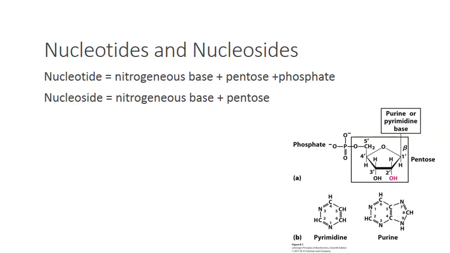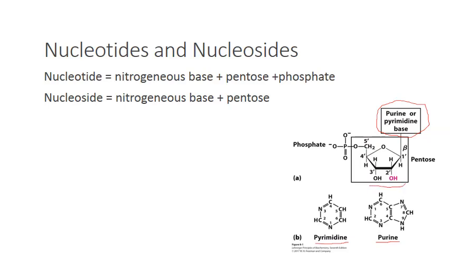So DNA and RNA are made up of the monomer of nucleotides. I'm just going to talk a little bit about the terminology. If you look here, we have a nucleotide, which includes the nitrogenous base portion, which can either be a purine or a pyrimidine, and I'll go into some more details about the purine and the pyrimidine.